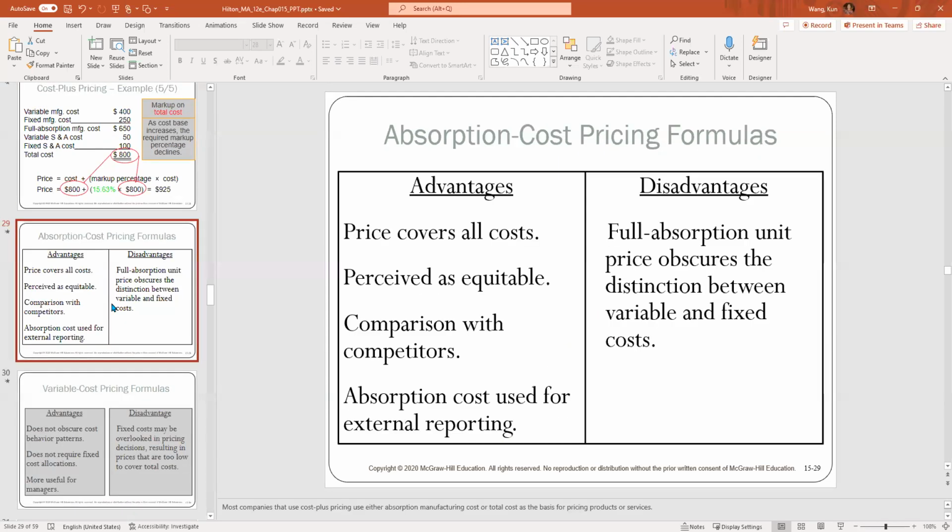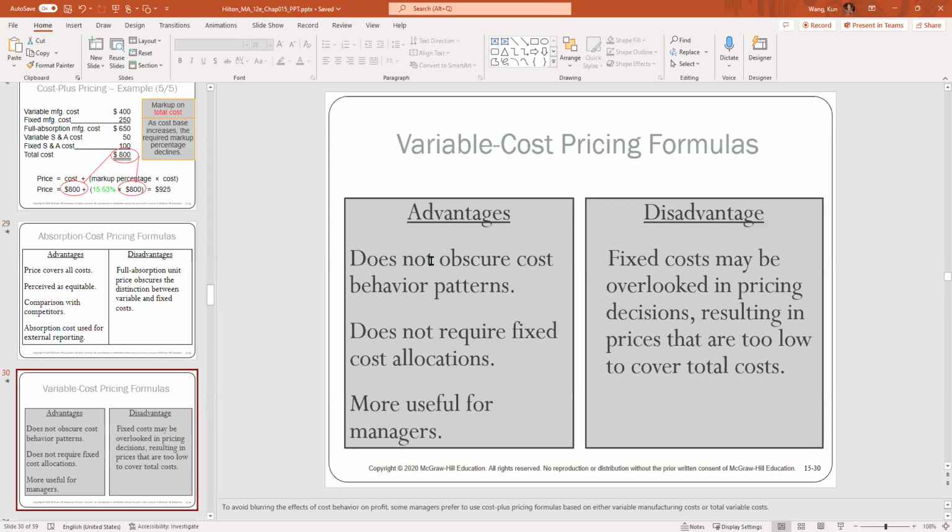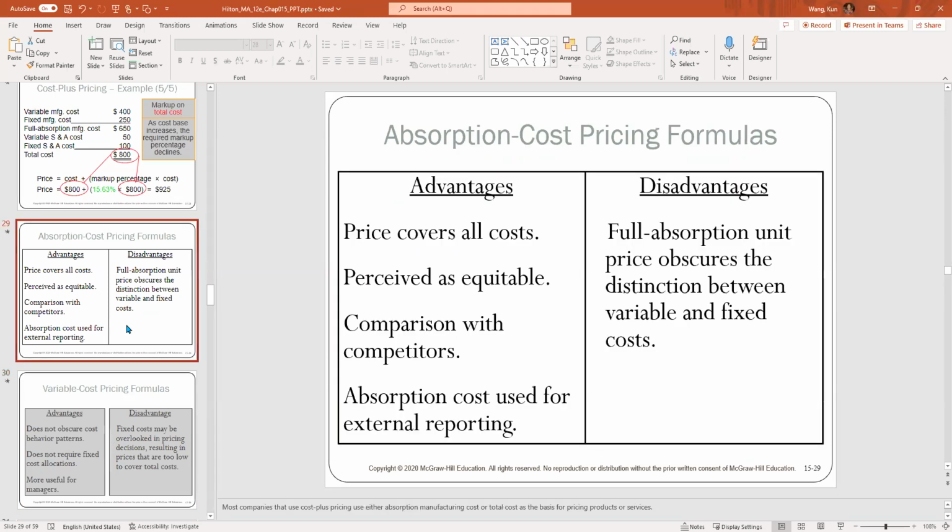And then we discuss the advantages and disadvantages of using variable and absorption costing. That's kind of going back to some earlier topics.